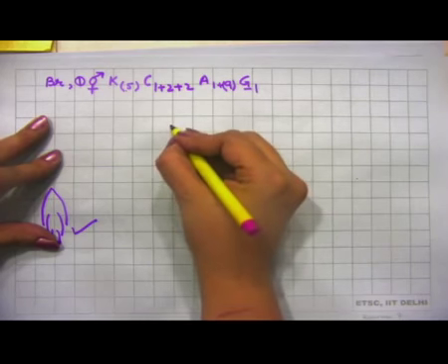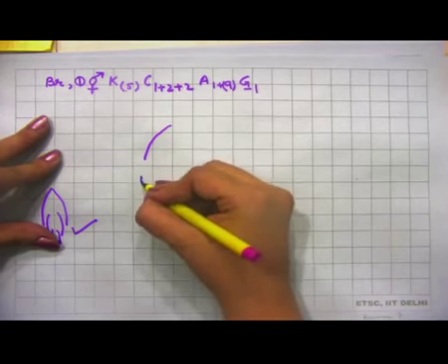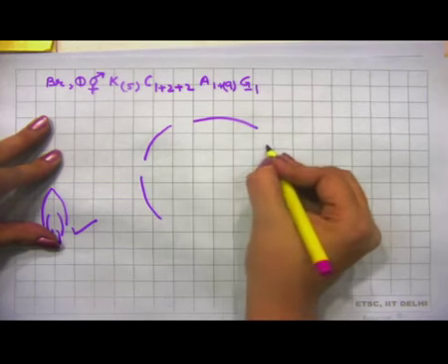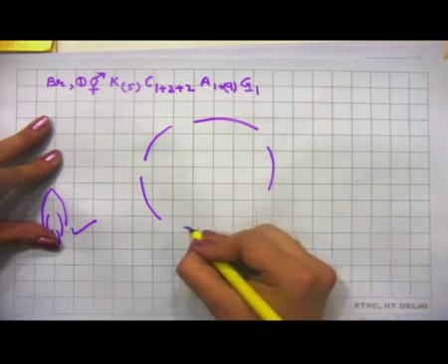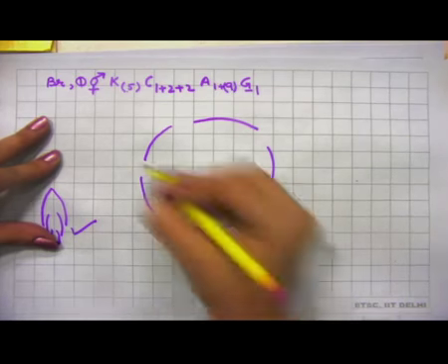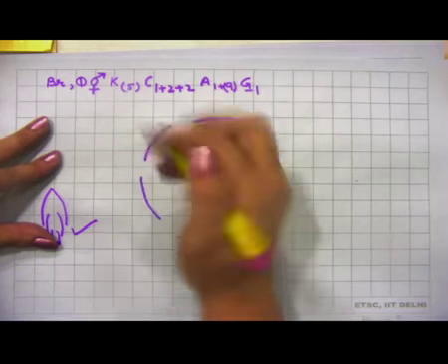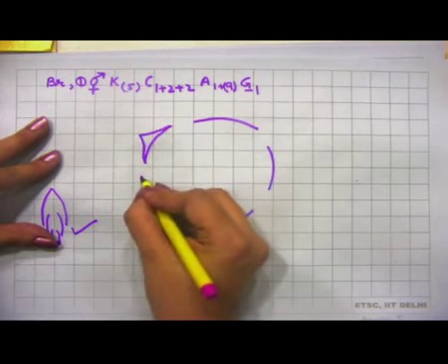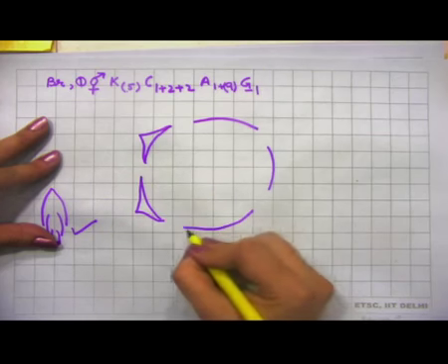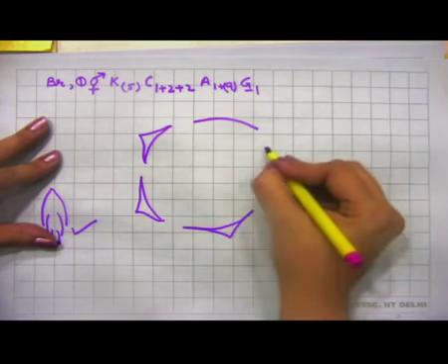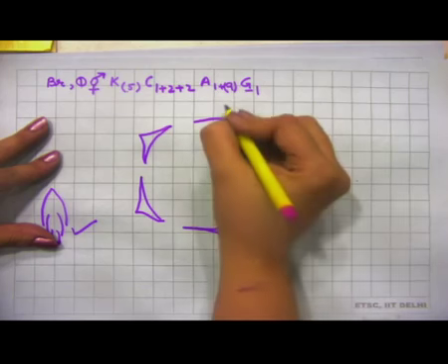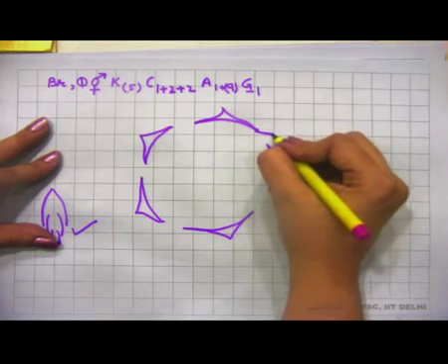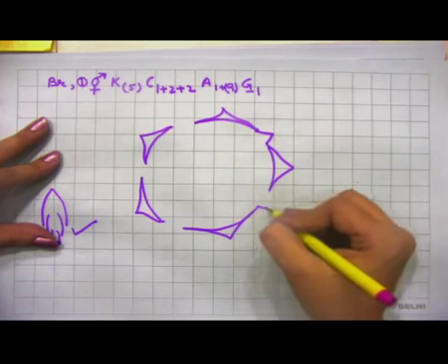First of all we will draw the sepals, 5 sepals, 3, 4 and 5, and they are supposed to be fused. So, first of all we will draw them, and then we will show the fusions.